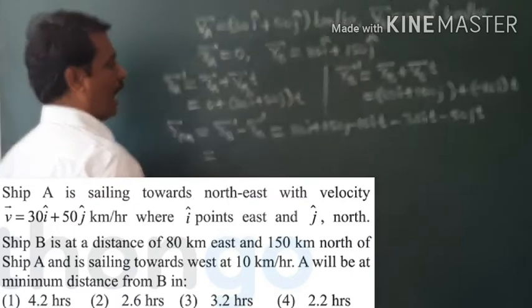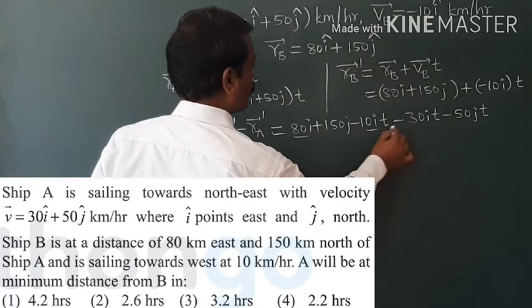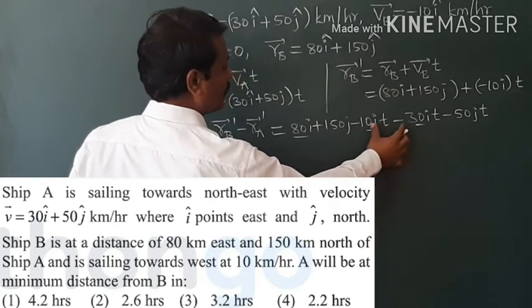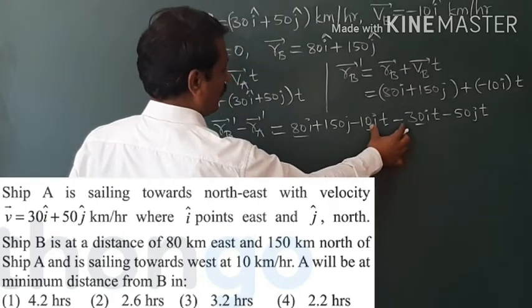If we simplify this, first we will write the i terms. Here it is minus 10 i t minus 30 i t, which means minus 40 i t.